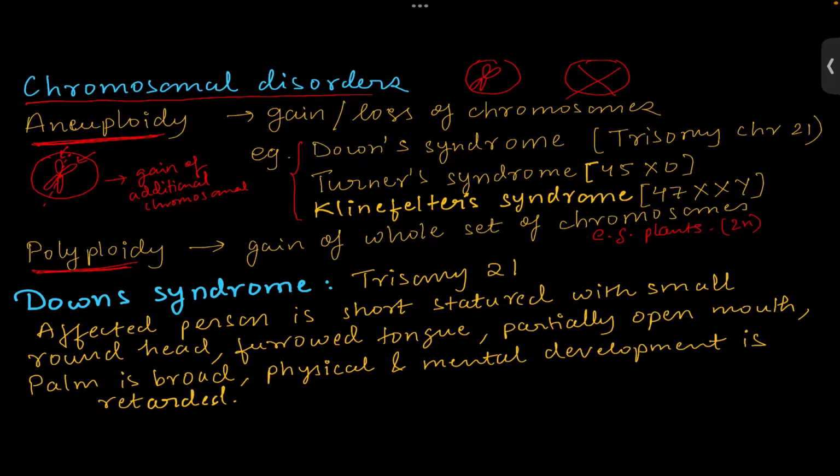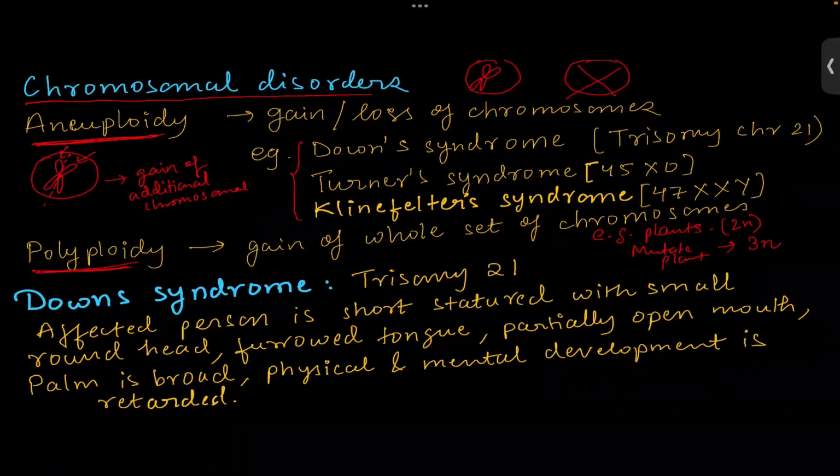Now one complete set of chromosomes, that is one haploid set, is added. So a mutated or affected plant will have a genotype of say 3N. It can have 4N, 5N, like this. This type of condition results in polyploidy, and they will show some symptoms.